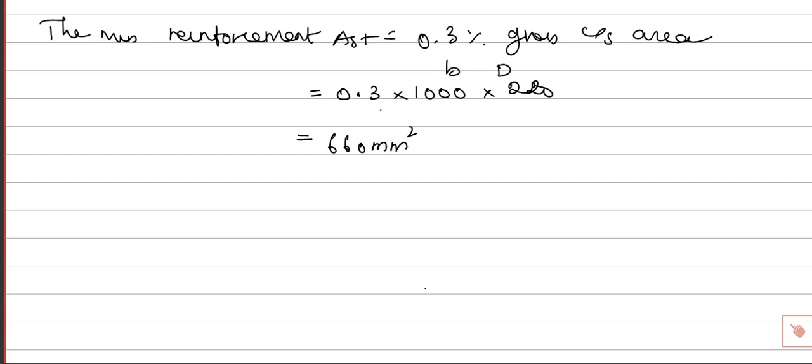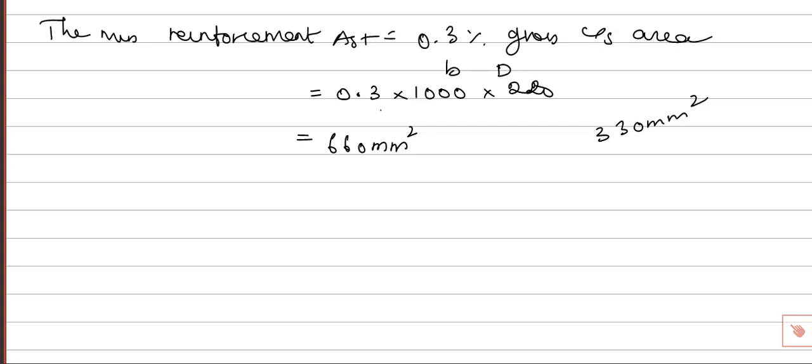So even half of the minimum reinforcement is able to resist the 4900 Newton meter cantilever moment. That means 330 mm square is enough. So let's provide 330 mm square at the inner face and another 330 mm square at the outer face of the long and short walls.